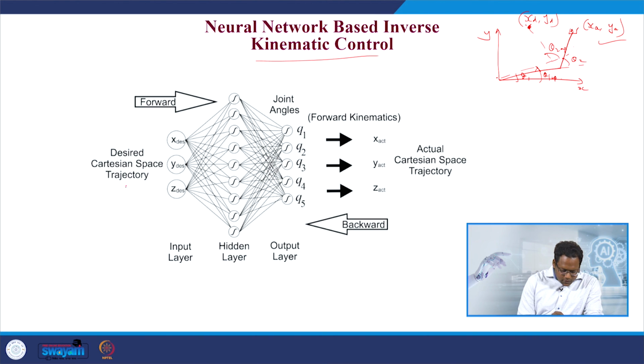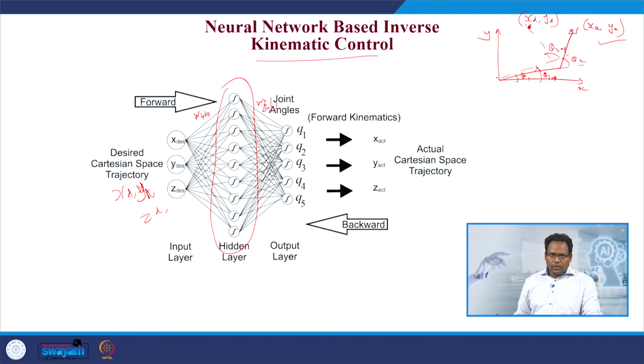Given the desired position in space xd, yd, and say zd, a 3D Cartesian space position, to the network, the weights are updated, which connect the output layer and the hidden layer, and the hidden layer and the input layer.